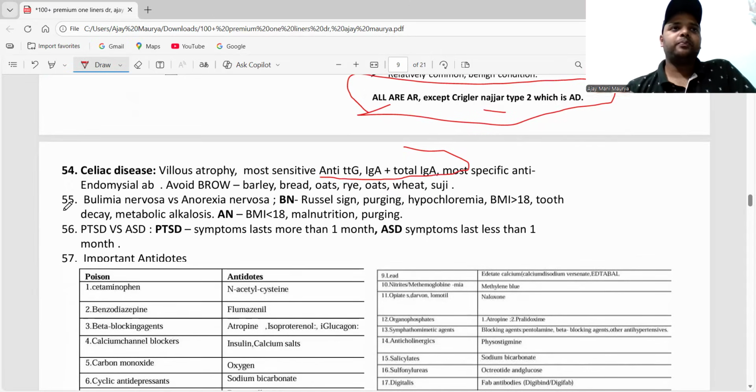Next one, bulimia nervosa and anorexia nervosa. Bulimia nervosa means he is bull eating, he will eat a very large amount of food within a very short period.